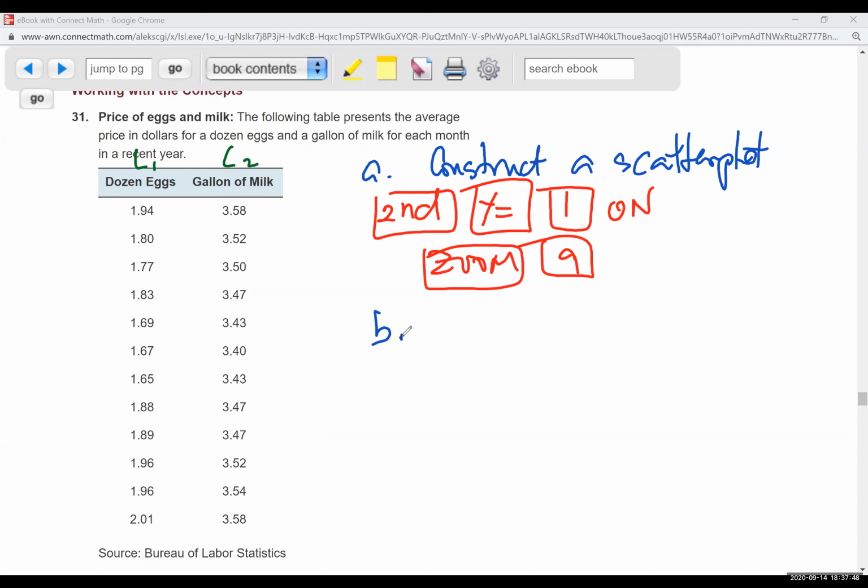Then construct a scatter plot. So this is the shortcut. Second, Y equals, 1, On, highlight On, and then Zoom 9.